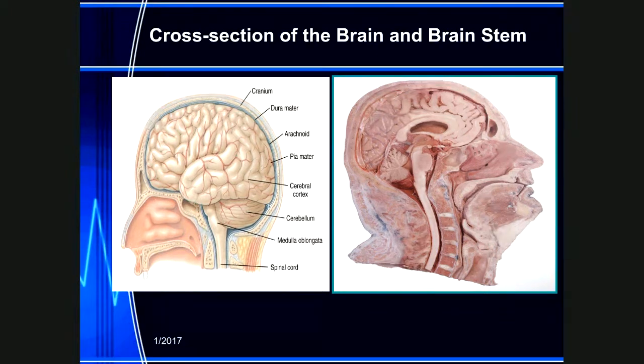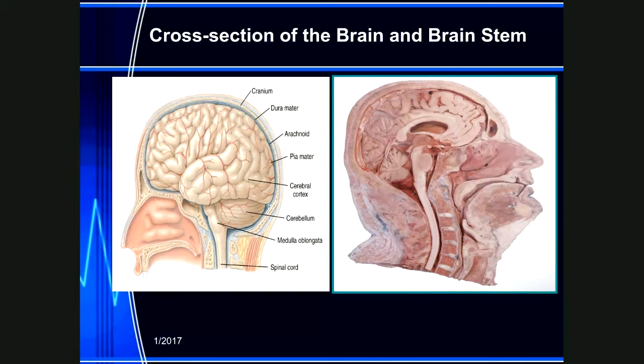Think of DAP or PAD. DAP, from the outside in; PAD, from the inside out. The dura mater, arachnoid membrane, and pia mater are where your patients will develop bleeding within the brain. And that's how they identify what type of bleed it might be.